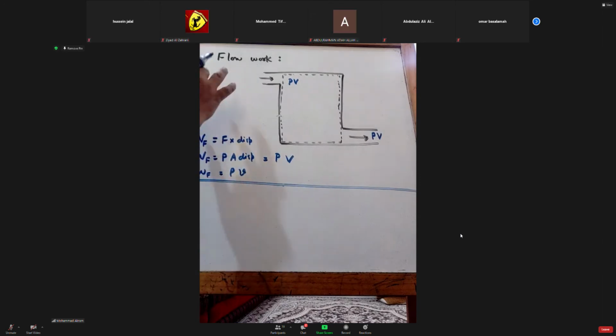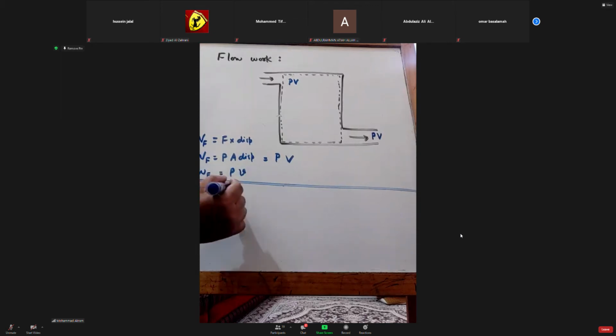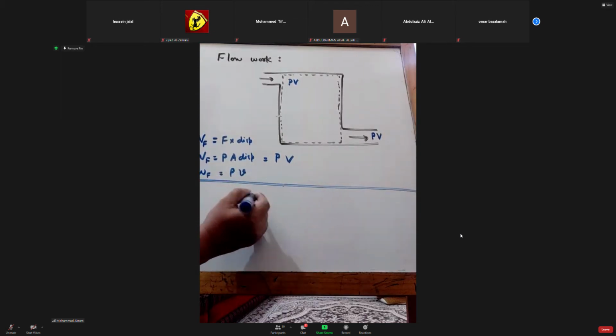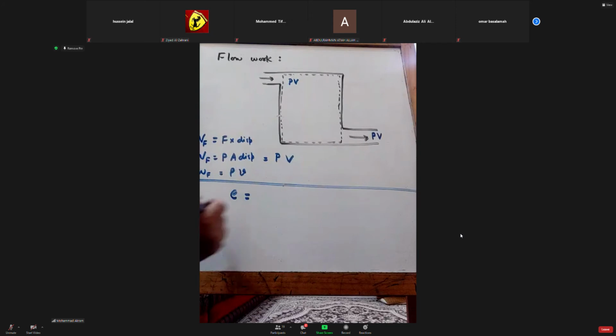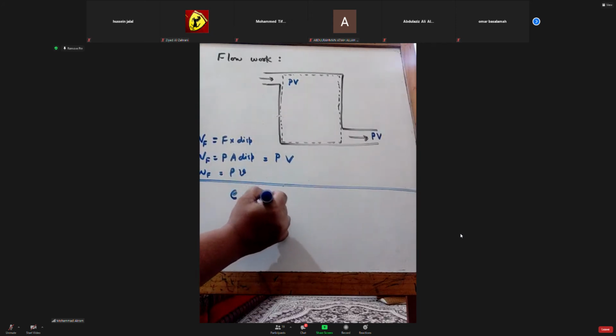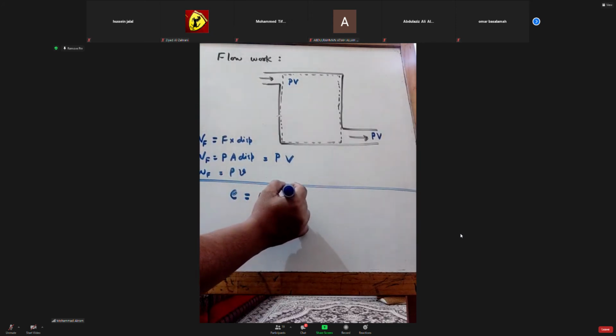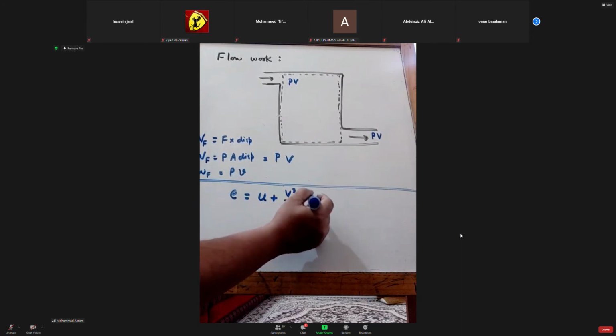Okay. So we have discussed the two types of work. One is the boundary work, and second is the flow work. The total energy in the first chapter of thermodynamics we studied is E equals U plus V square by 2 plus gZ.